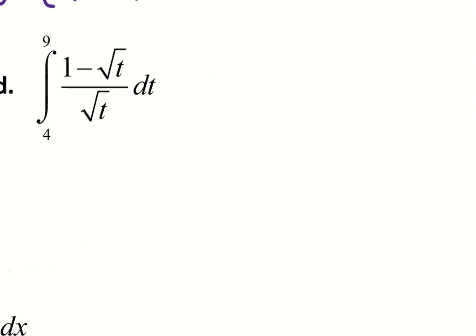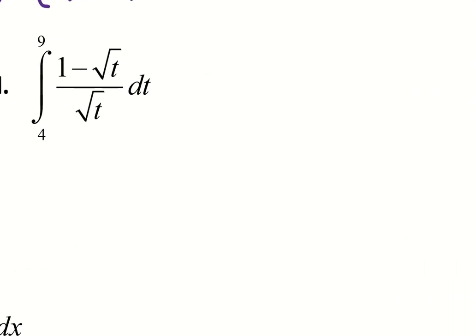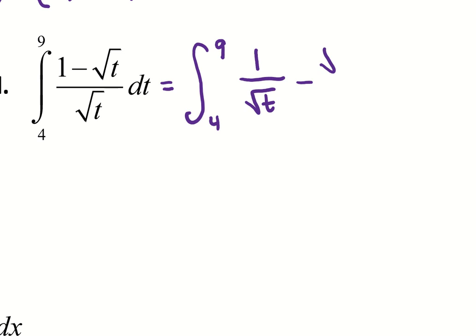This next one, looking kind of crazy, but let's rewrite this with rational exponents to make our life easier. We can also split it up. Let's do it like this. We can rewrite this as 1 over root t minus root t over root t.